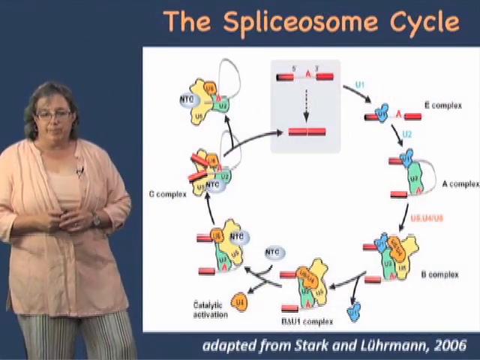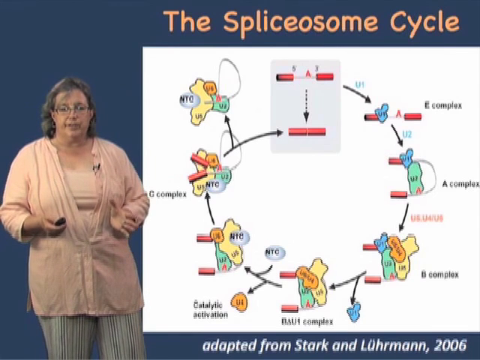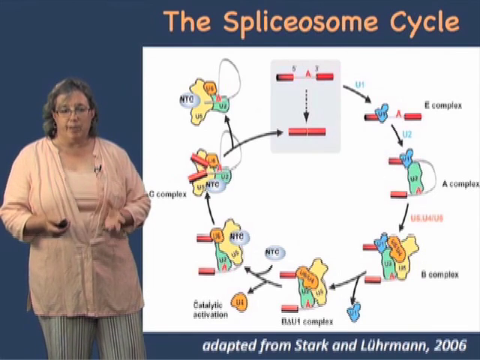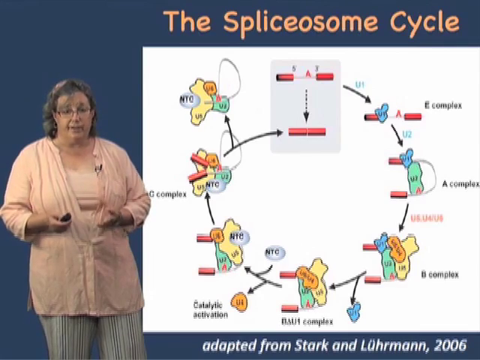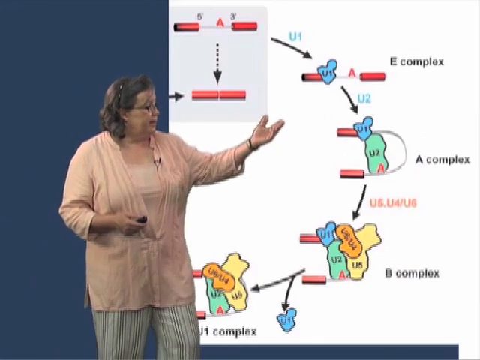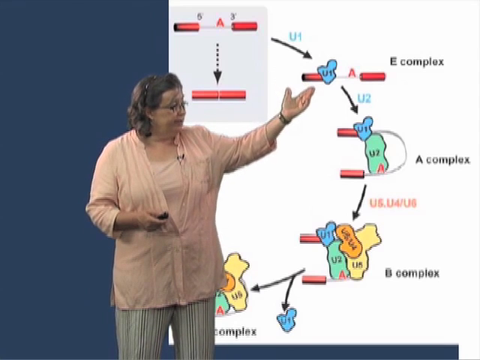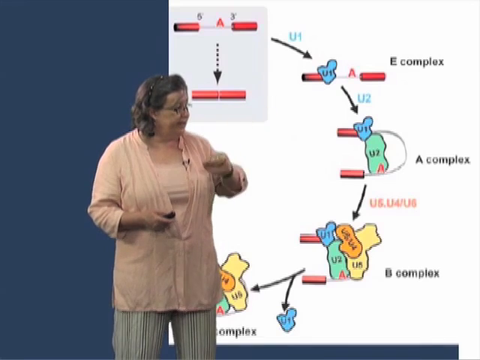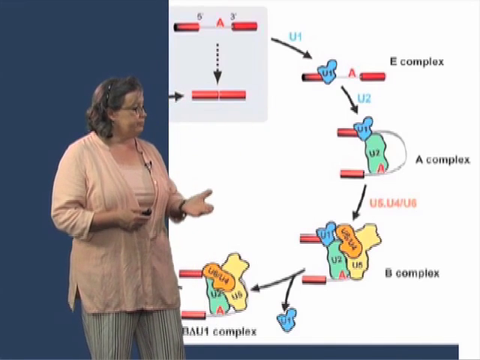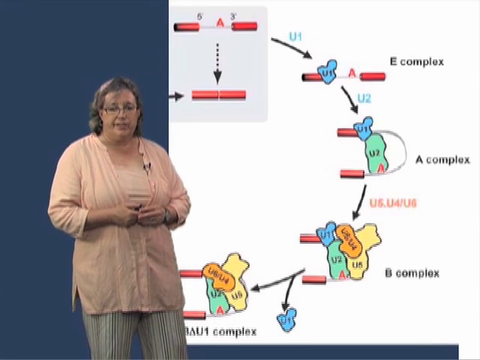Here we are back at the spliceosome cycle, and we're going to look at this a little more closely because I'm going to be telling you about some experiments we've recently done to test this cycle. So in the first part of the cycle, at the beginning of spliceosome assembly, U1 SNRP interacts with the 5' splice site, and U1 snRNA actually base pairs and recognizes the 5' splice site.